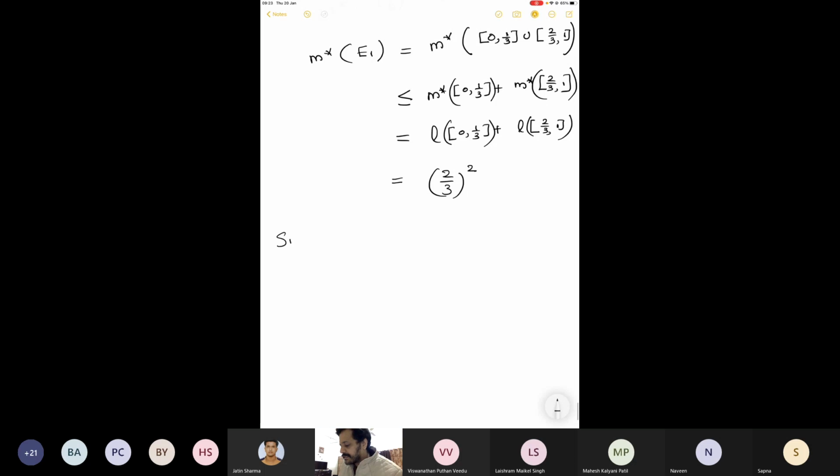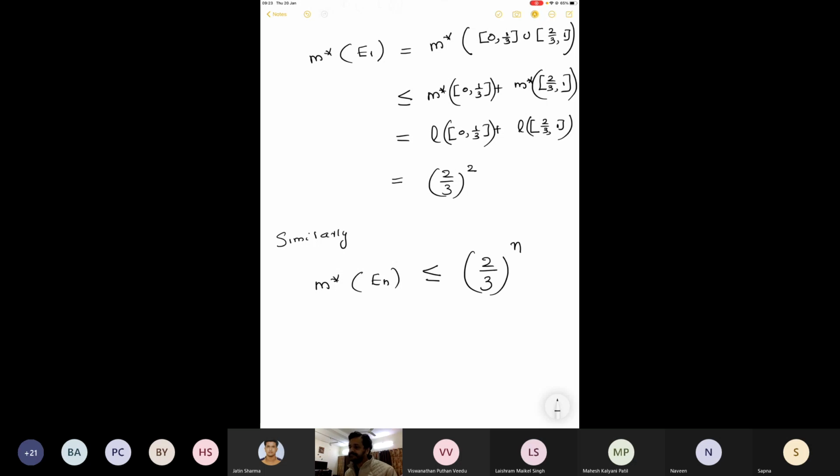Similarly, you can proceed in the same way. M star of En would be less than or equal to... En will contain 2 power n intervals, each of length 3 power minus n. Therefore, M star of En will be less than or equal to 2 by 3 power n.